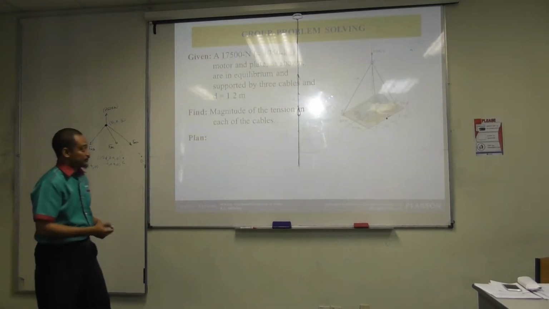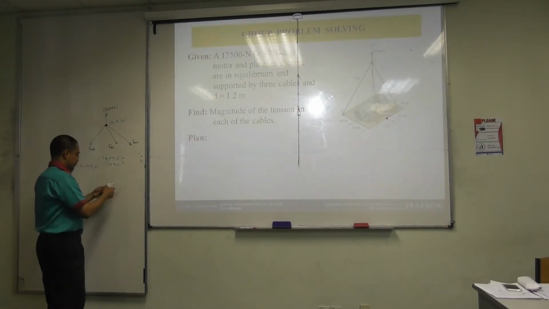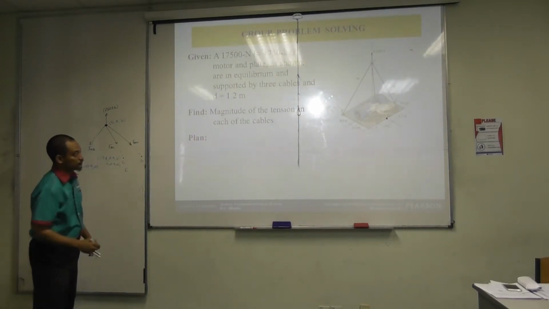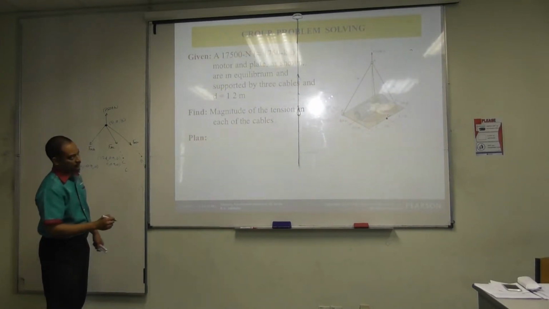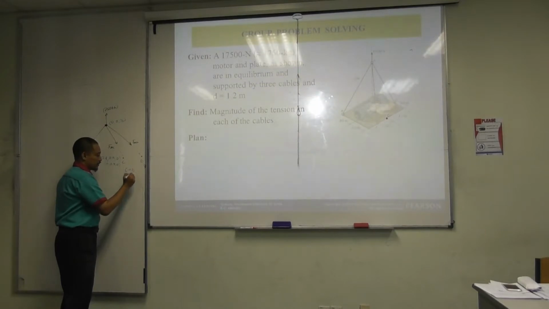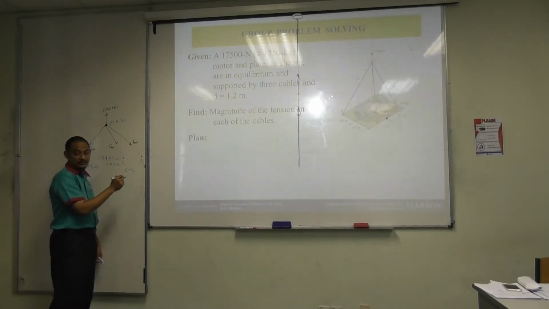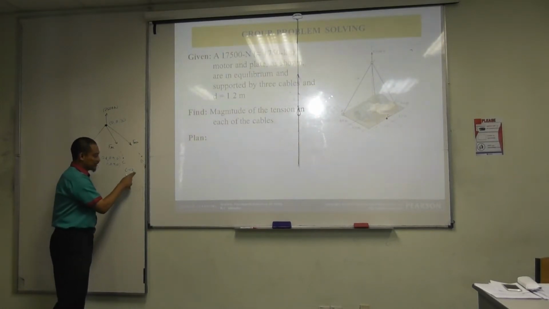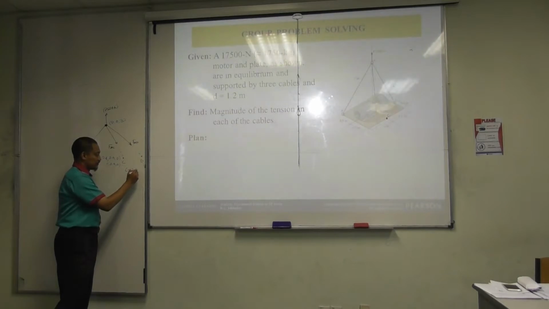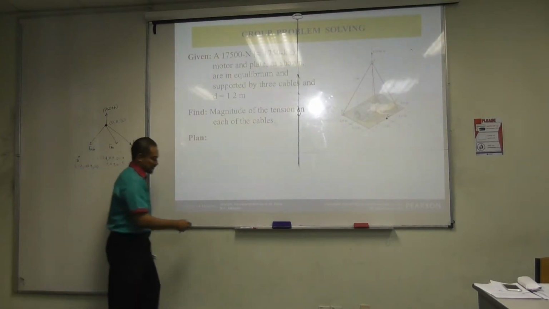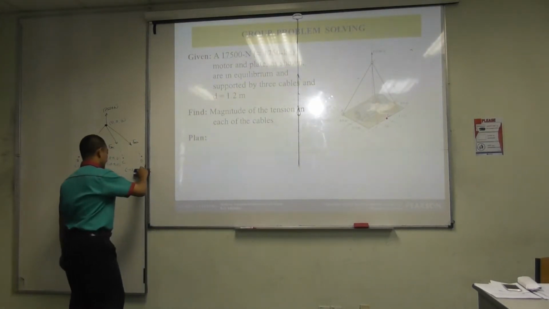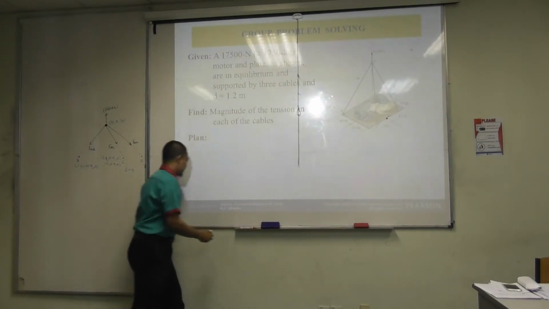What about point B? What's the X coordinate point B? Negative 1.2, 0.6. Why is? 0.3, is it? How do you get 0.3?